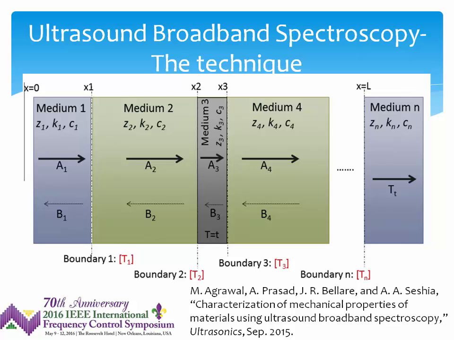And this essentially builds upon work that was published in Ultrasonics at the end of last year. That's where the validation was conducted for samples on a macroscopic length scale.